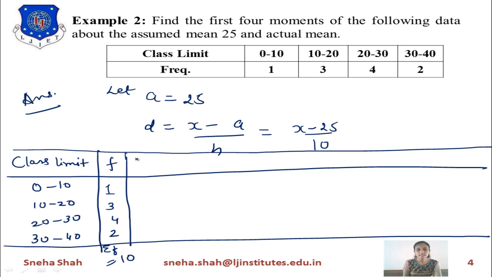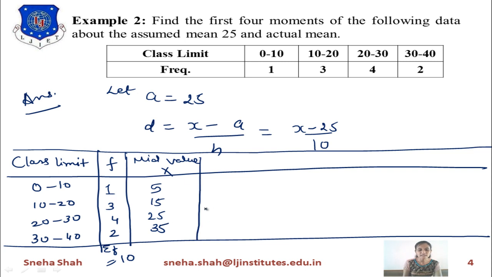Now the next term is the mid value of x. Why are we finding this? Because it will give us the class in terms of range. If I find the middle value between 0 to 10, it gives 5. For the others it is 15, 25 and 35.